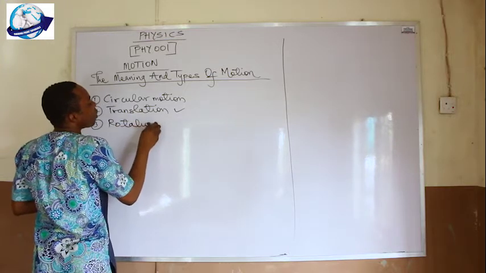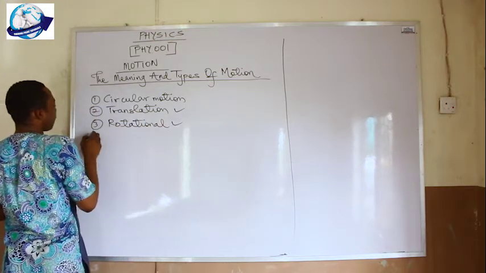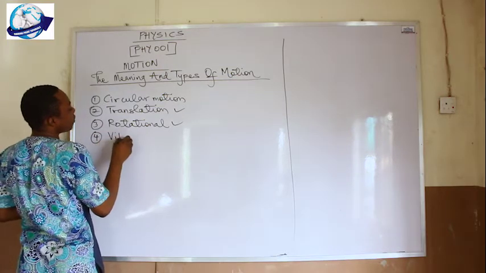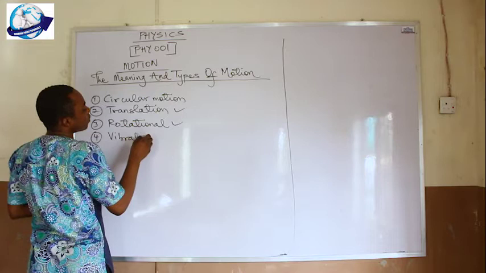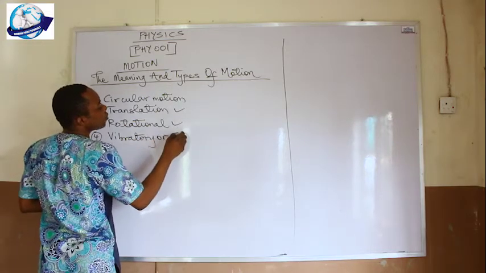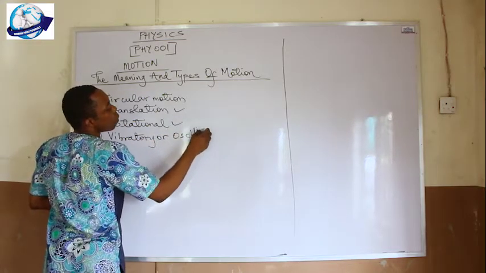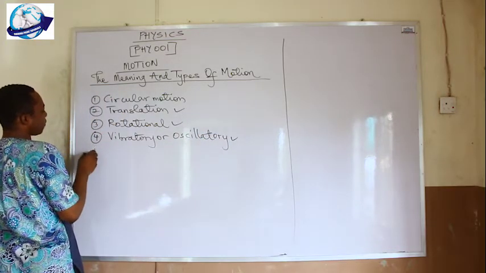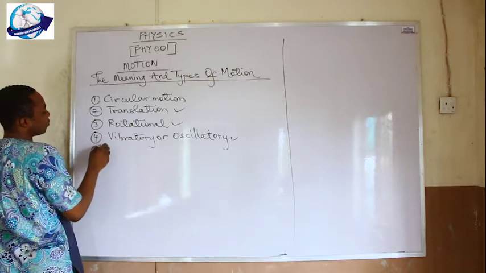Number four, we have vibratory motion, or oscillatory motion. Number five, we have random motion.